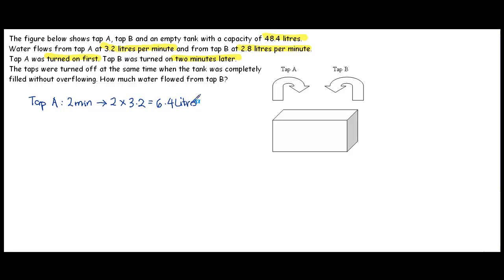This means before tap B was turned on, the amount of water that has flowed from tap A was 6.4 litres. We can draw in the diagram so that it's clearer.